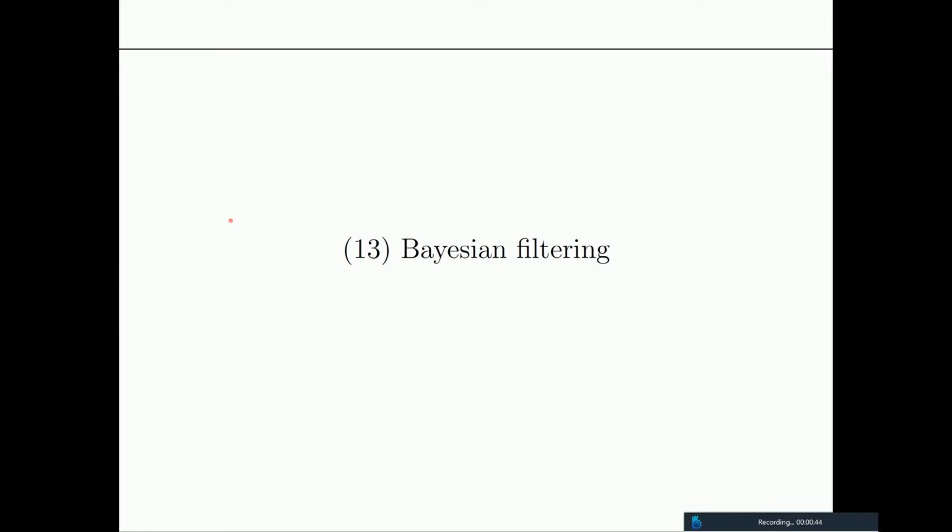That depends a little bit on where they are coming from, but it's Bayesian inference where the Bayesian is not stressed that much.